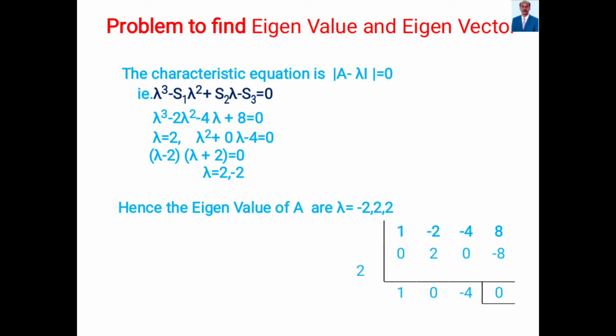Now we take 2. So 2 into 1, we put it as the second element, 2. Then we subtract minus 2 and 2, that is 0. Then we multiply this 0 into that root 2, so 2 into 0 is 0. So minus 4 plus 0 is minus 4. Then 2 into minus 4 is minus 8. So 8 minus 8 is 0.